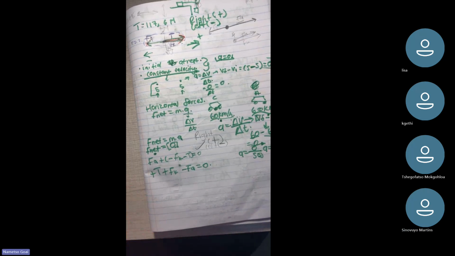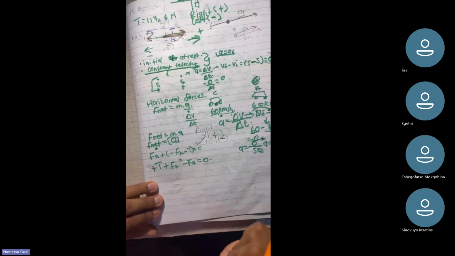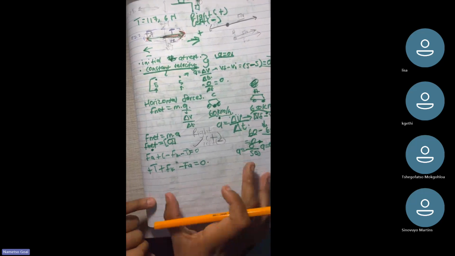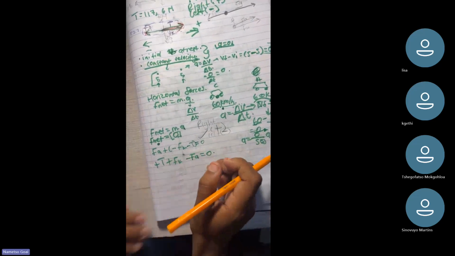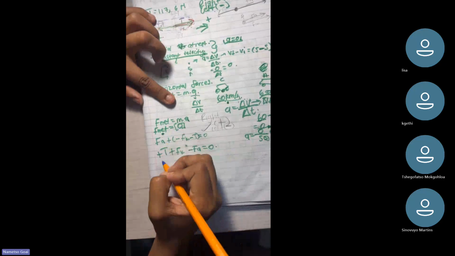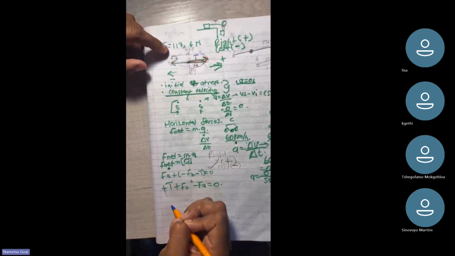So in the previous question, we calculated our tension. So what can we do now? We can just substitute. Wait, what did they say they want here? FK, right? So we can just substitute. What is our tension? 117,6. Here it is, right?